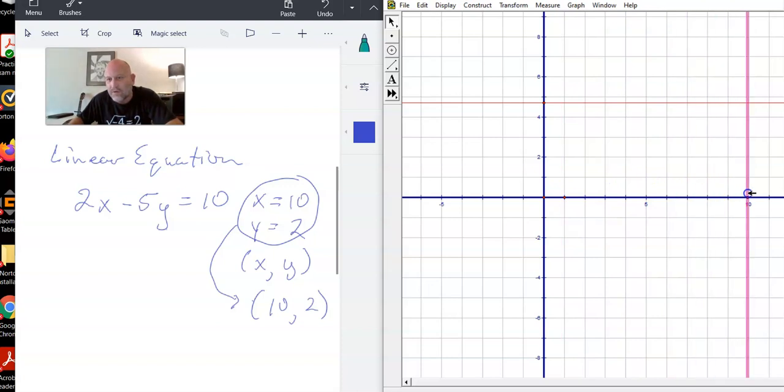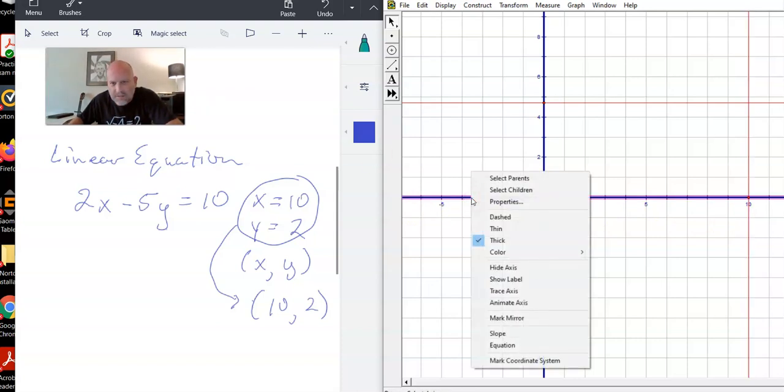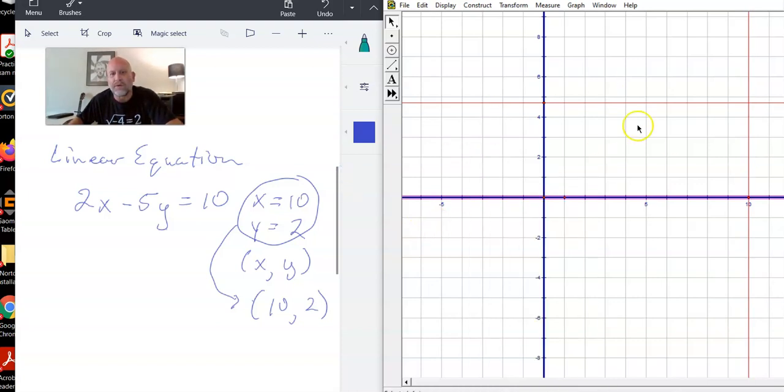So what we do is move over here on the x-axis. The horizontal axis is the x-axis. So this one right here, let's see if I can do this. It's not going to let me put a name on it. Oh, I can do it this way. Here we go.